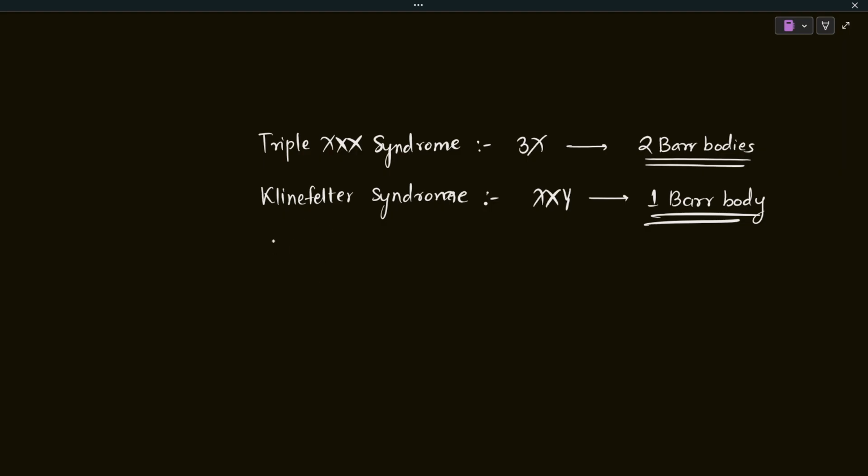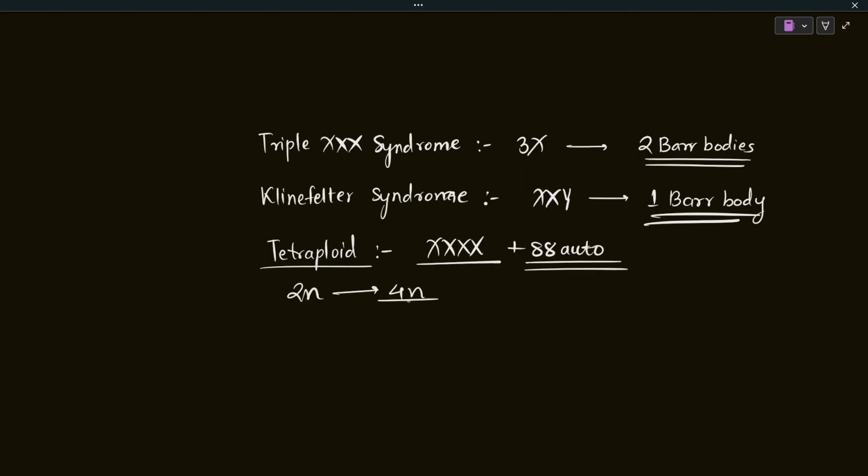Then again, there's the tetraploid situation. Okay, so we have four X chromosomes in females plus 88 autosomes. Instead of 2n, we have 4n. Okay, so X inactivation is done per diploid set.